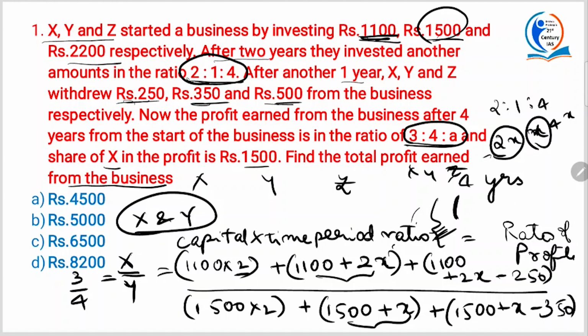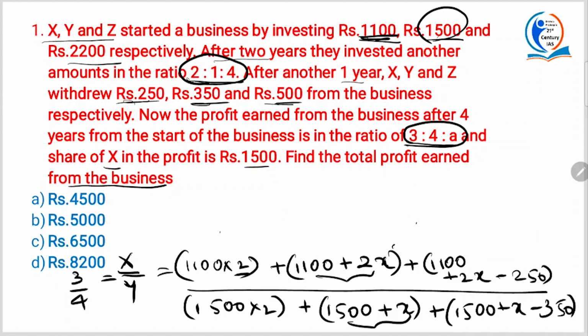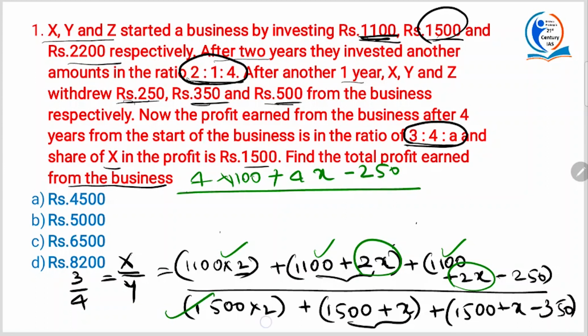Now let us simplify this part. What will we get? 2 1100s, 1 1100, 1 1100. So totally there are 4 1100s, right? 4 into 1100 plus 2x and 2x, 4x, minus 250, by 2 1500s, and third 1500, fourth 1500, which means it is 4 into 1500. How much is it?